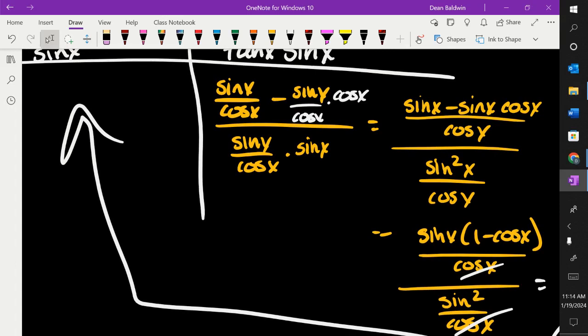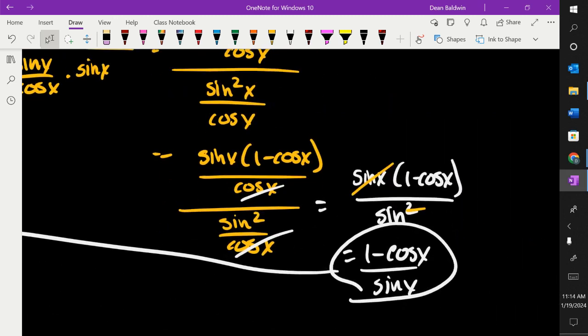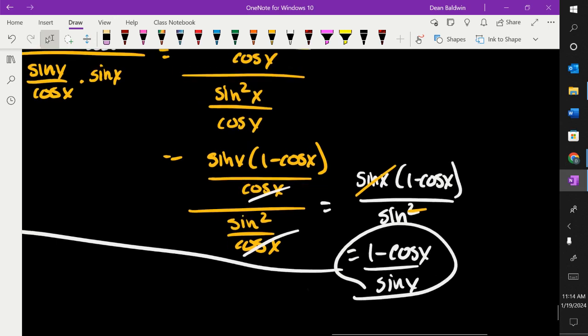This cos and this cos cancel, so I have sine times 1 minus cos over sine squared. We're good? That's kind of trig 2.